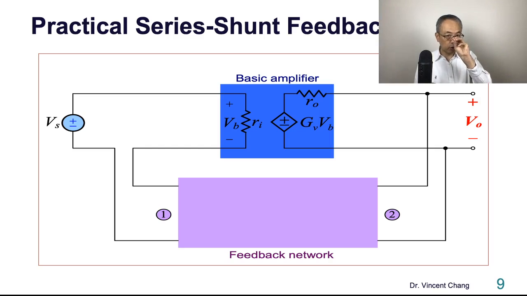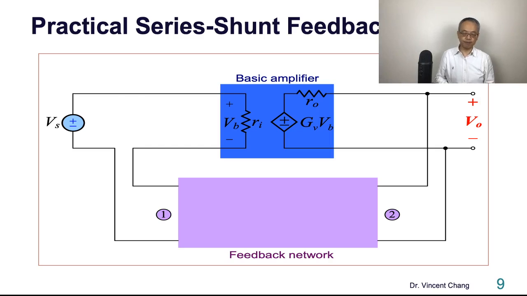I use the lowercase ri to represent the input resistance of the basic amplifier, and the lowercase ro to represent the output resistance of the basic amplifier. And also the Gv means the voltage gain for the basic amplifier. You will see why I do this in the coming slide.